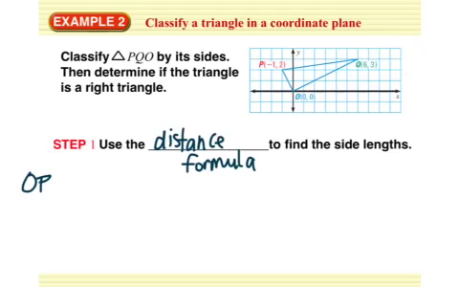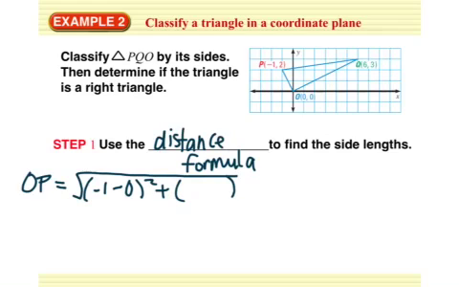The length of OP is the square root of negative 1 minus 0 squared plus 2 minus 0 squared. When you work that all out, you get the square root of 5, which is approximately 2.2. So the length of that side of the triangle is about 2.2.